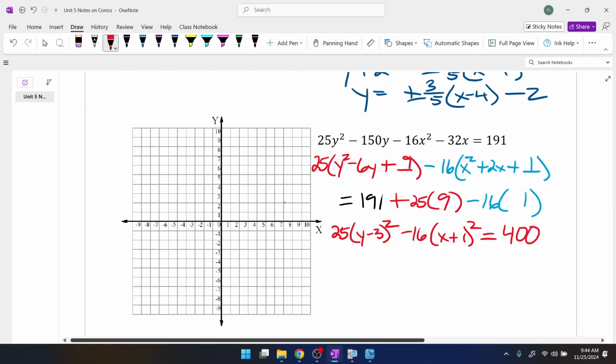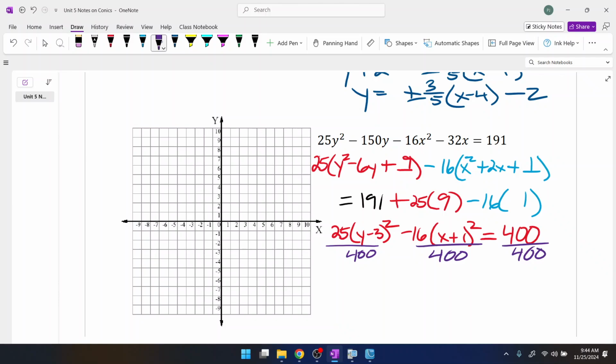And it's no coincidence here that 25 times 16 is 400, because when we divide out everything by 400, here's what's going to happen. You're literally going to have (y minus 3) quantity squared over 16 minus (x plus 1) quantity squared over 25 equal to 1.